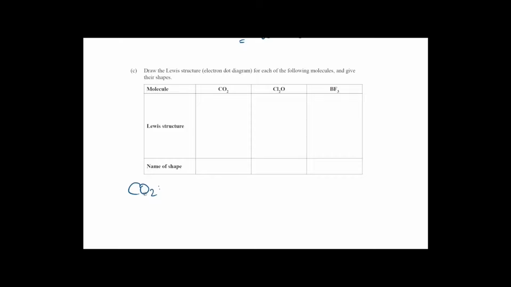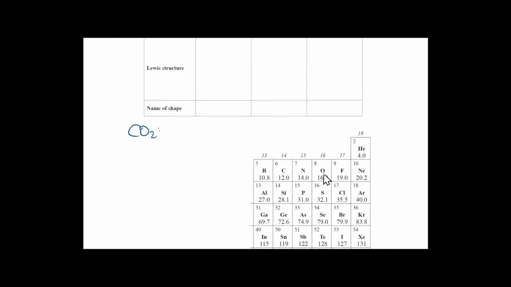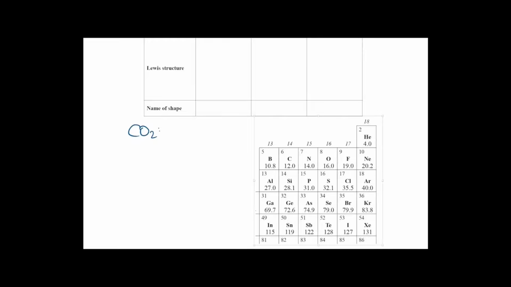We'll go into our tables and pull this information up. So we've got carbon and oxygen. Let's look at how many valence electrons are in the valence shell. Here it's full, so there's 8 here, 7 here, 6, 5, and 4.